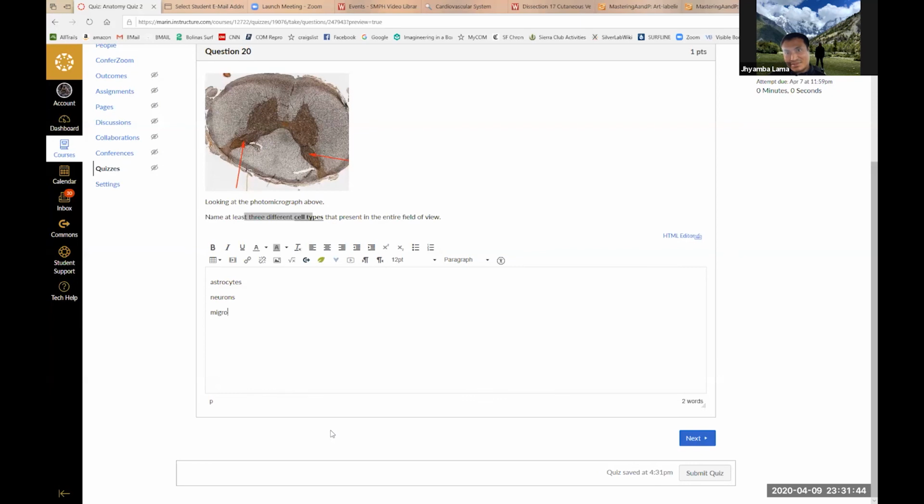Microglia. Oligodendrocytes. Ependymal cells, which are going to be in the little central canal. Any 3 of these. Instead, people started putting satellite cells and stuff, and those would only be in the PNS, not in a picture of the CNS.